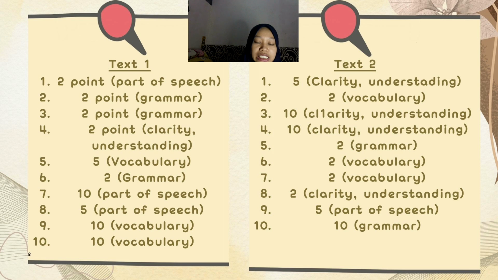I've already made the scoring guide for these two texts. For text 1, the first 2 points, the second 2 points, number 3 2 points, number 4 2 points, number 5 5 points, number 6 2 points, number 7 10 points, number 8 5 points, number 9 10 points, number 10 10 points. For the explanation, I already put the explanation of why it gets that number beside the number.